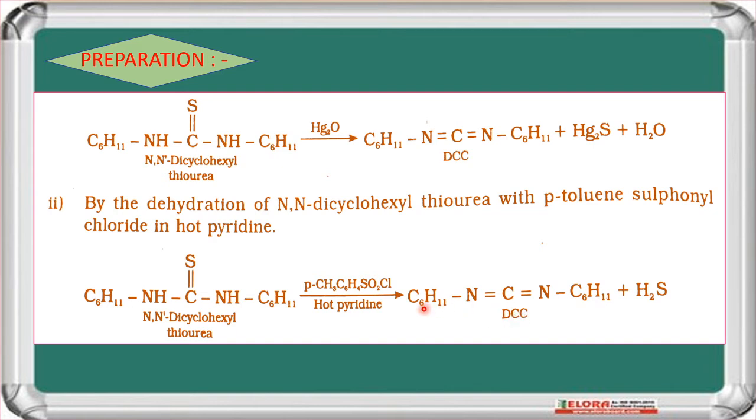Its molecular formula is C6H11-N=C=N-C6H11, and the byproduct is hydrogen sulfide. This preparation takes place with mercuric oxide and para-toluene sulfonyl chloride in hot pyridine.